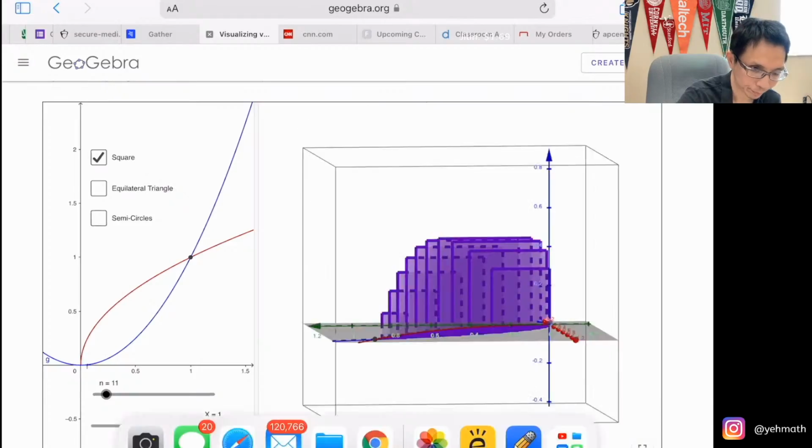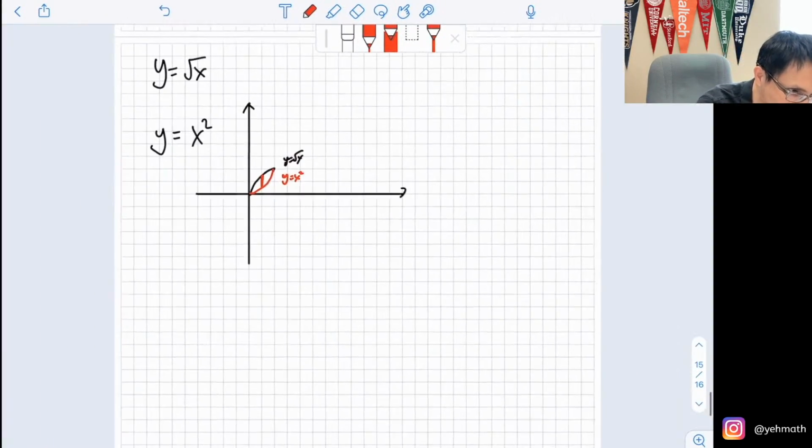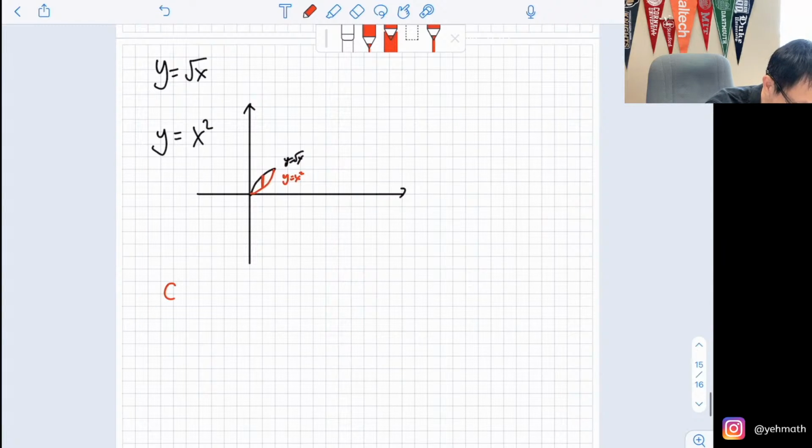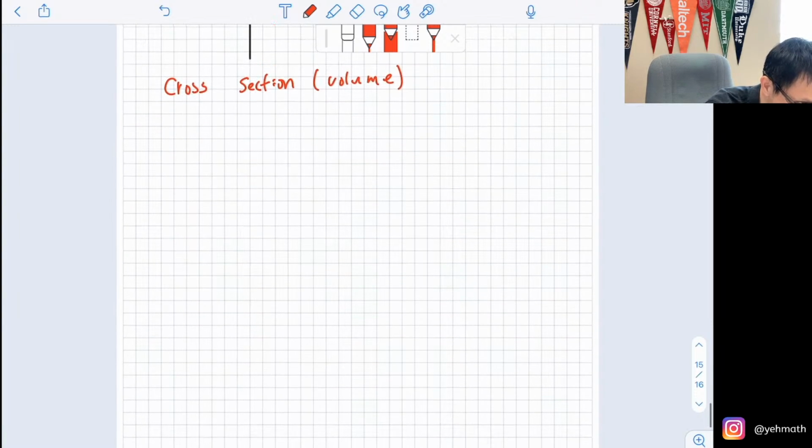So I'm going to talk about cross sections. Cross section volume has a few situations. First, it has no pi unless you deal with a semicircle. The first thing they will ask you is to pay attention to what the cross sections are perpendicular to.